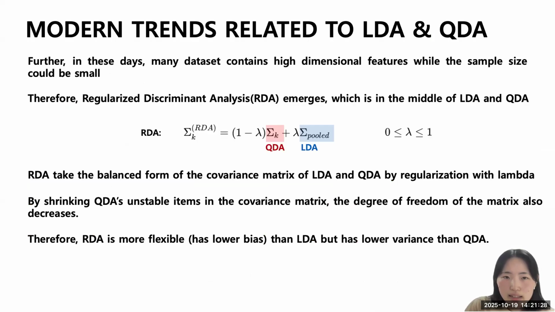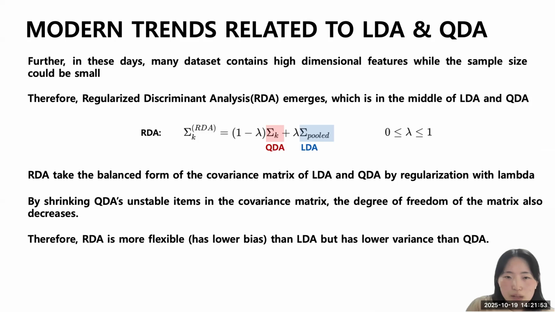In modern data, it is common that the number of features p is larger than the number of samples n. Under such conditions, both LDA and QDA can fail since their covariance matrices become unstable or even singular. To address this issue, a modern method called regularized discriminant analysis, or RDA, was introduced.